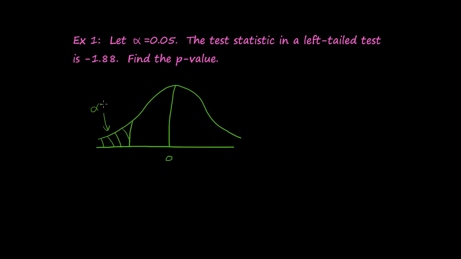Alpha equals 0.05, and of course that is the area corresponding to the critical value. And the critical value for 0.05, recall, we got that by saying inverse norm, area to the left. So I can find that. We did that in the previous video using inverse norm on the TI-83/84 calculator, negative 1.645.